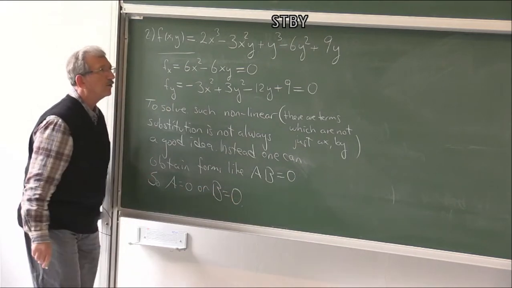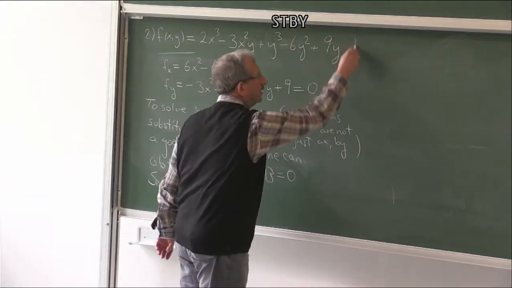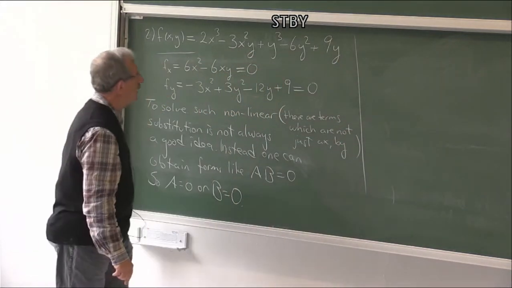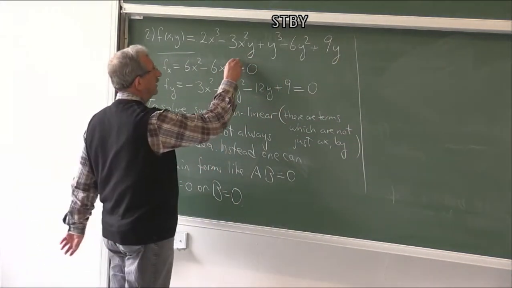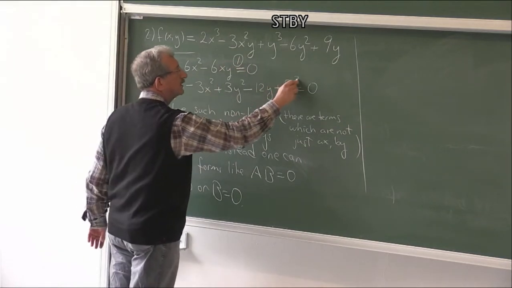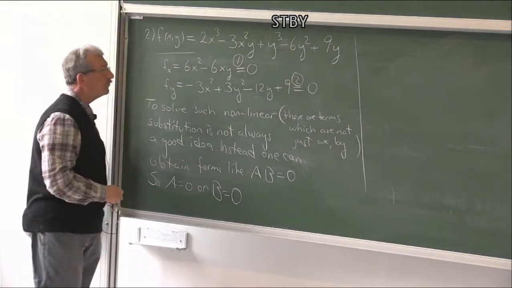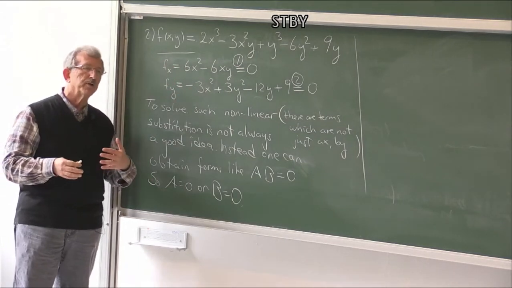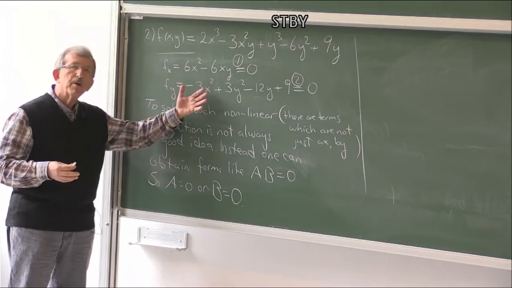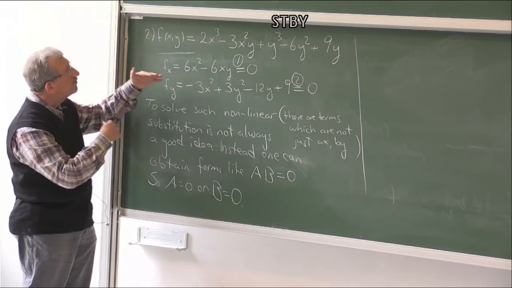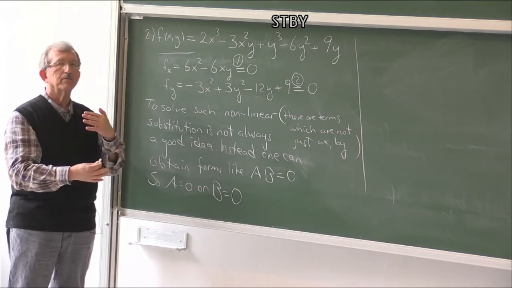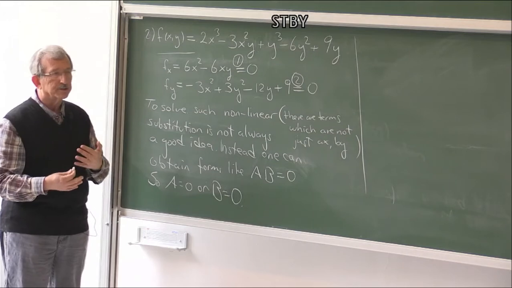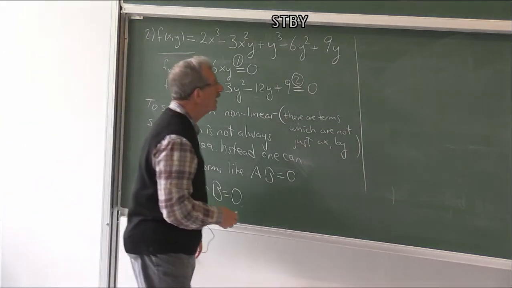You will understand what I mean when I start calculation. For the time being, let me give names to these equations. Now, both equations must be satisfied, so we can start from either of them, or we can combine them in a nice way, which will suit our purposes. We will do that step by step.